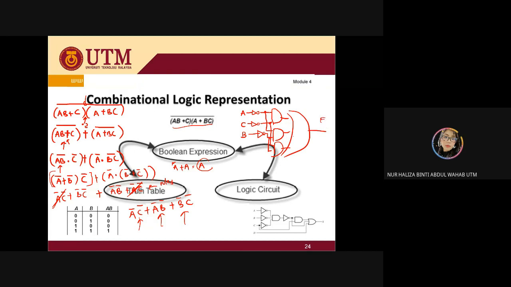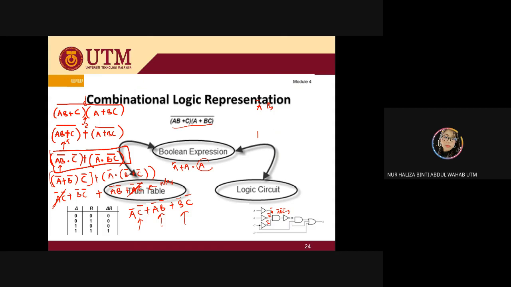But you can also see this part. I don't know whether it is similar output or not. But from here, it is using AND gate. I think it is directly pick this one. A bar, B bar, C bar. So after you multiply over here, you will get A bar, B bar, C bar.